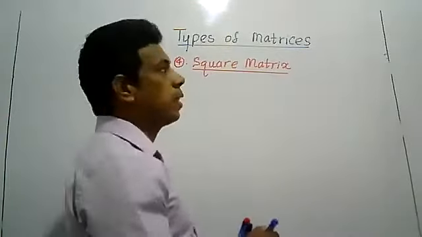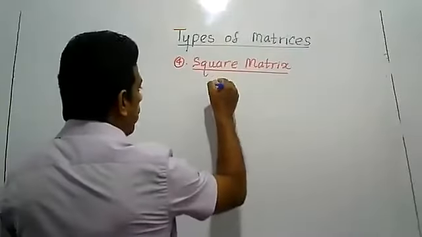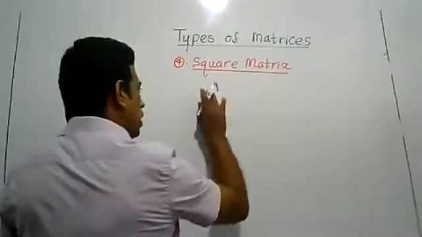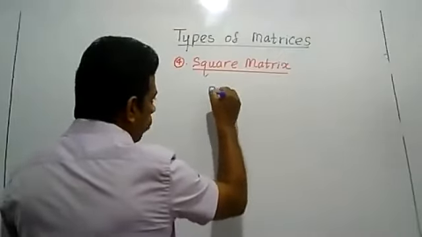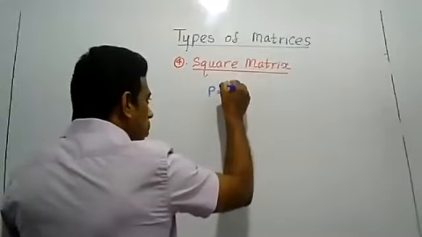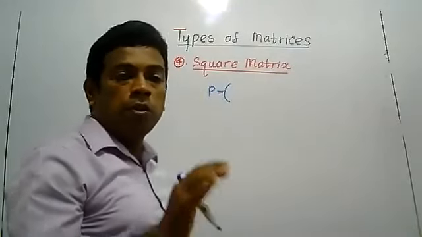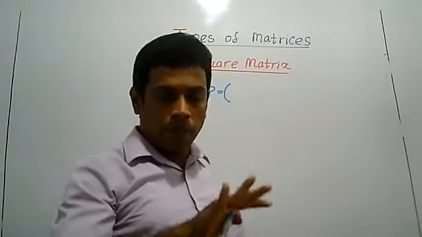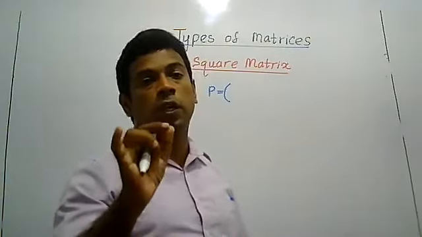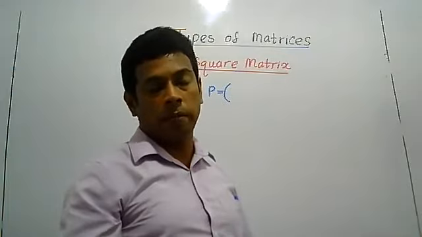Then write down the first example. Square matrix A. Now you can write any capital letter, right? I will write here P. P equals. The first square matrix you write should have two rows and two columns, the same number of rows and columns. I told you we don't write a matrix with one element at the beginning.